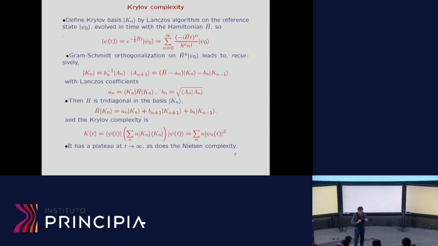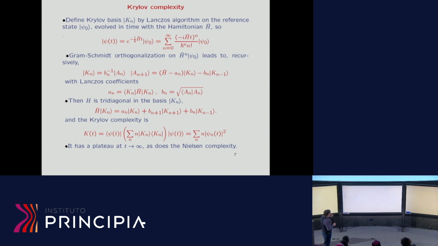Let's say it's a real Hamiltonian for time evolution, and one uses the Gram-Schmidt orthogonalization procedure on the n-fold action of the Hamiltonian. Then, once all is finished, one obtains a basis K_n known as the Krylov basis, and the Hamiltonian takes a tridiagonal form in this basis.